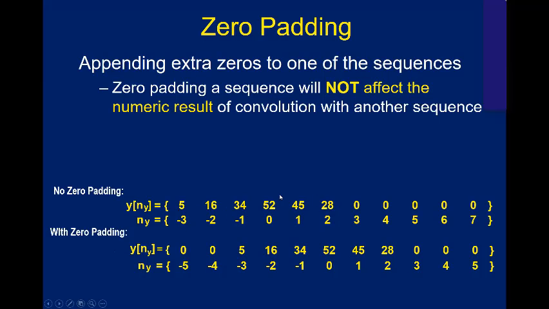So appending those extra zeros didn't affect the numeric answer from convolution. What it did do was shift us over, although if we did our accounting of the starting index right, we still get the correct indices going with each of our terms.